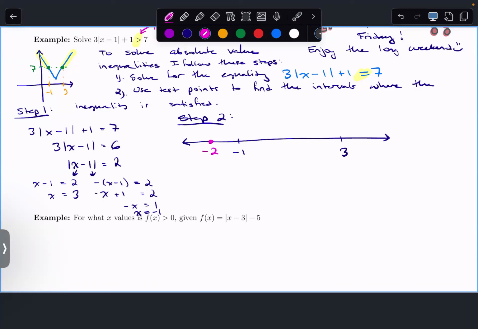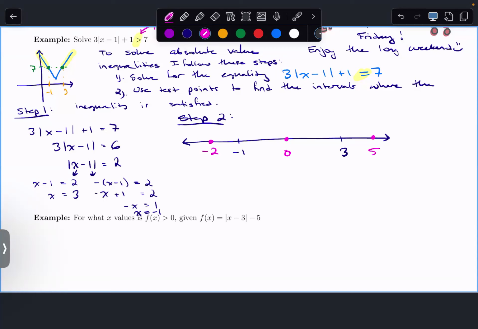These points, you can pick whichever ones you want. You just want to pick a point that represents that whole interval, right? And so obviously my go-to between -1 and 3 is 0, because I love 0. And then 3, let's spice things up and go with 5. I don't know, whatever.